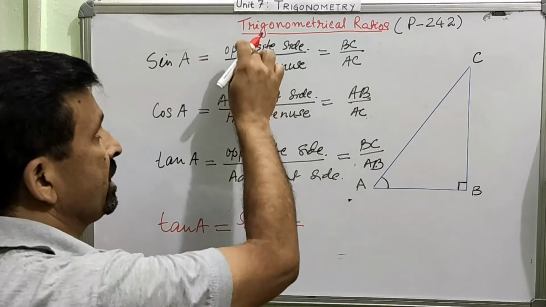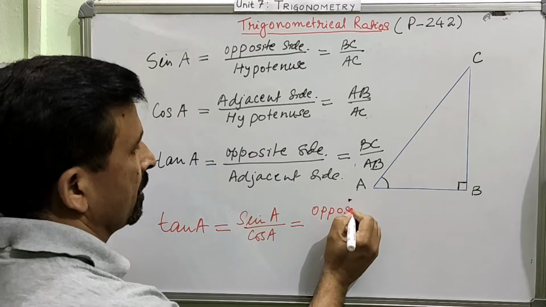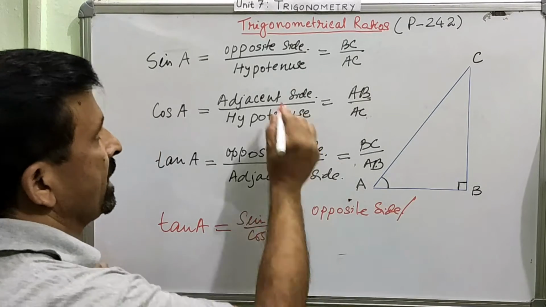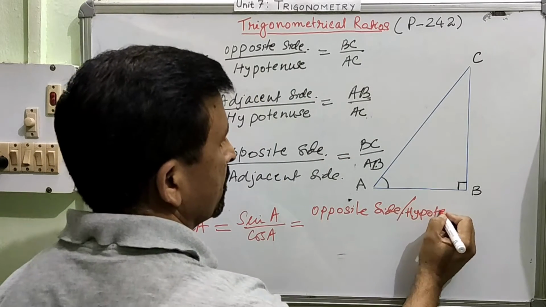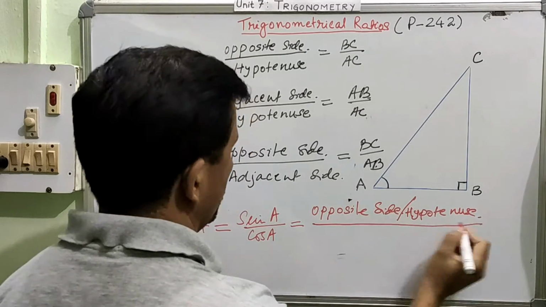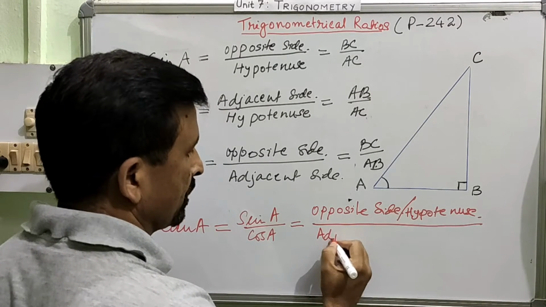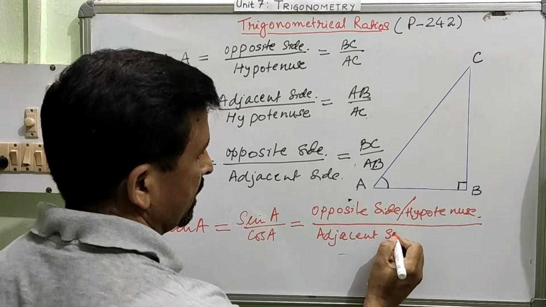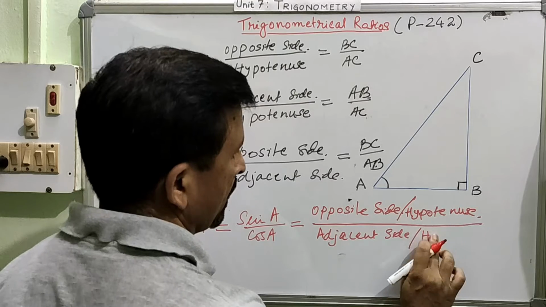Now you know what sine A is. You have calculated it as opposite side divided by hypotenuse, divided by, now cos A you have written as adjacent side divided by, again, hypotenuse.